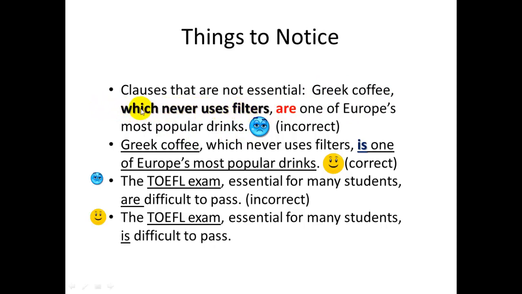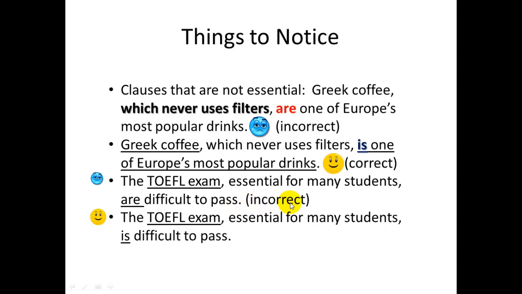This phrase here, which never uses filters, is just extra. Filters is not the subject of the sentence. So to correct the sentence, I would write, Greek coffee, which never uses filters, is one of Europe's most popular drinks. Now, let's look at another example. The TOEFL exam, essential for many students, are difficult to pass. This is incorrect.